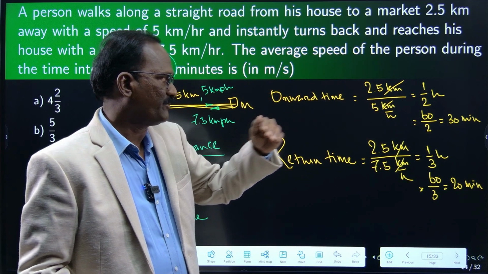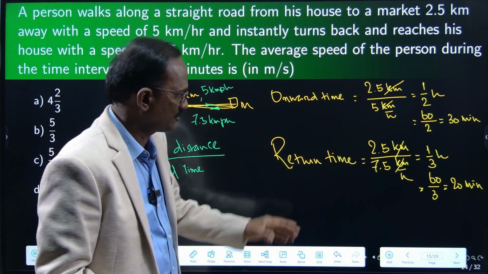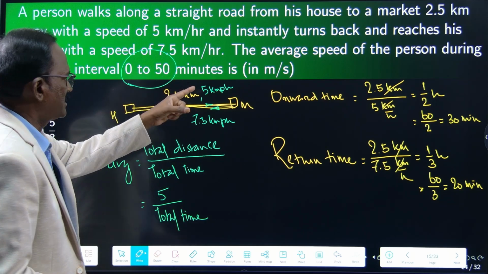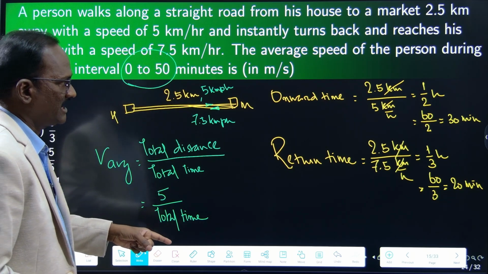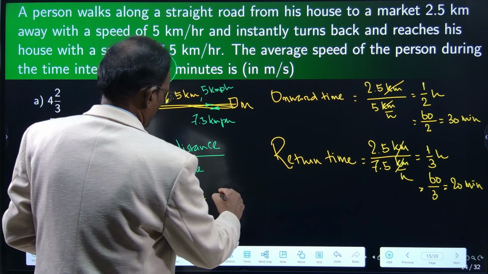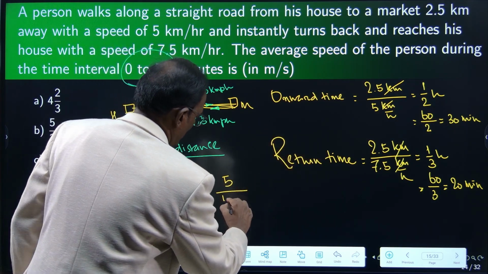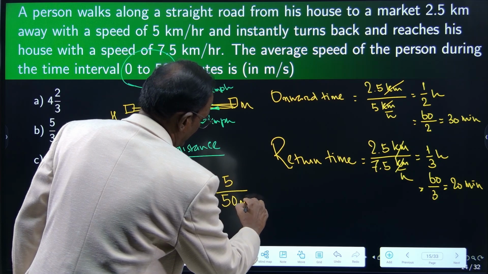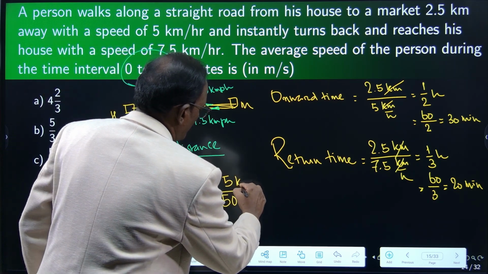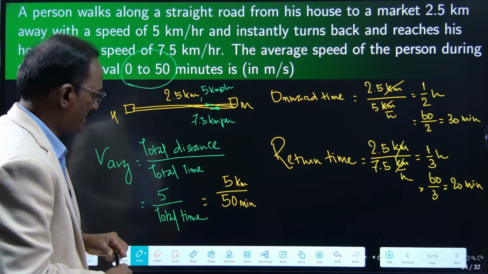So for reaching the market 30 minutes, from market to home 20 minutes, totally 30 plus 20, 50 minutes. The distance is 2.5 kilometer plus 2.5 kilometer, 5 kilometer, and the answer must be in meter per second.